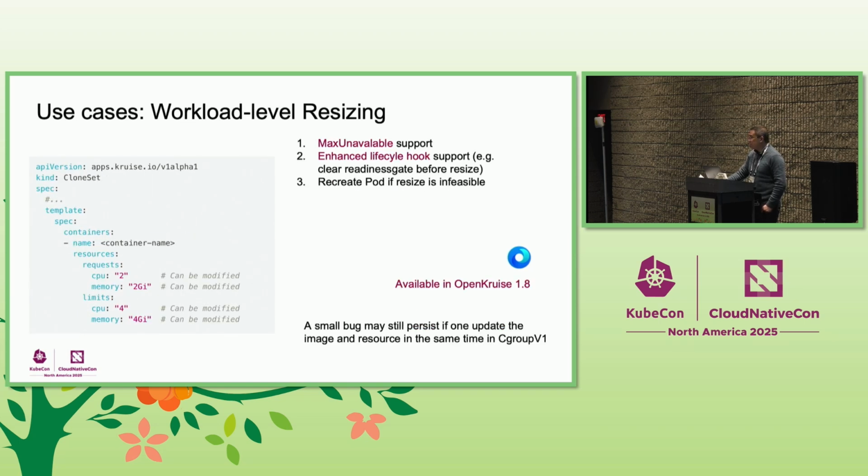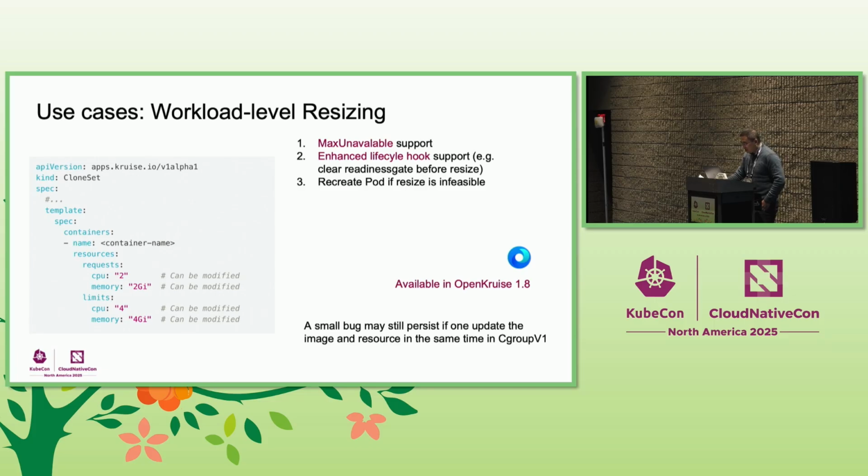The advantage of integrating such a capability inside the controller is that when we do the resizing, we can work together with the normal rolling update strategy, such as the well-known max availability and the OpenKruise enhanced lifecycle hook.